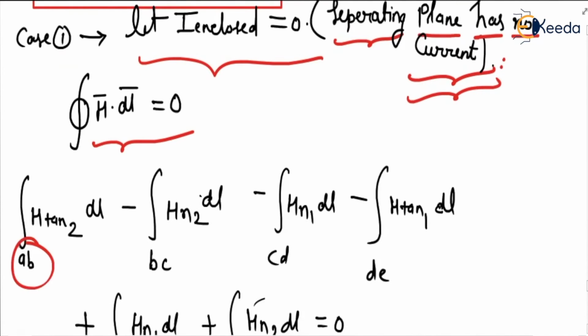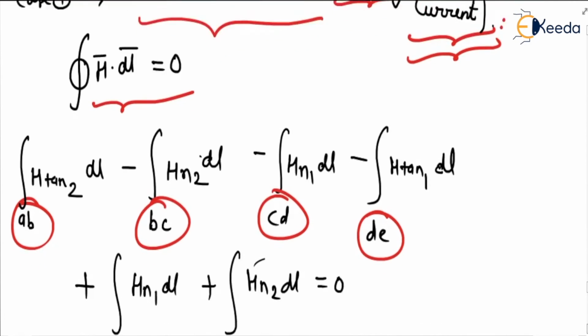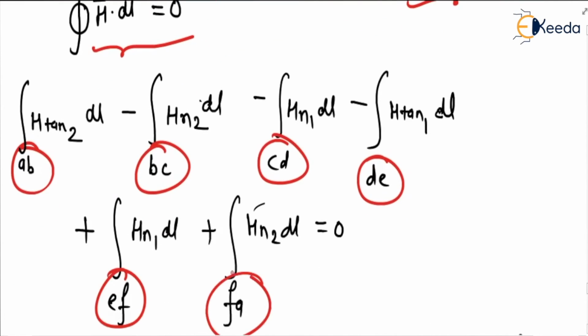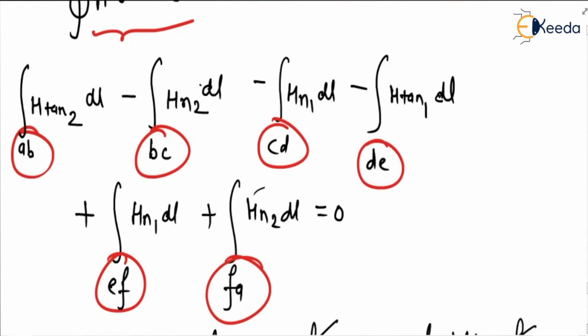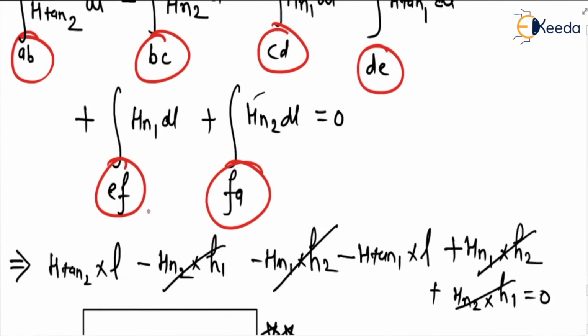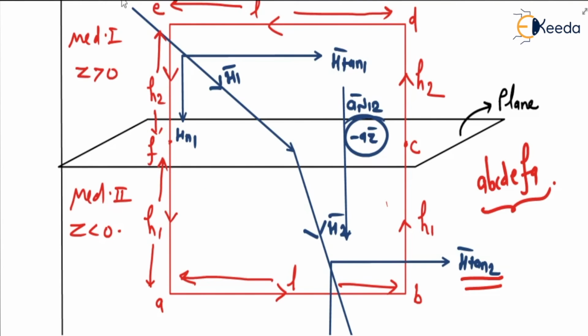So now we take the AB path, BC path, CD path, DE path, EF path and FA path, because this closed path contains all of these. For the AB path, the integration of dl is L because its length is L. For the BC path, the integration of dl is h1, as shown in the figure.